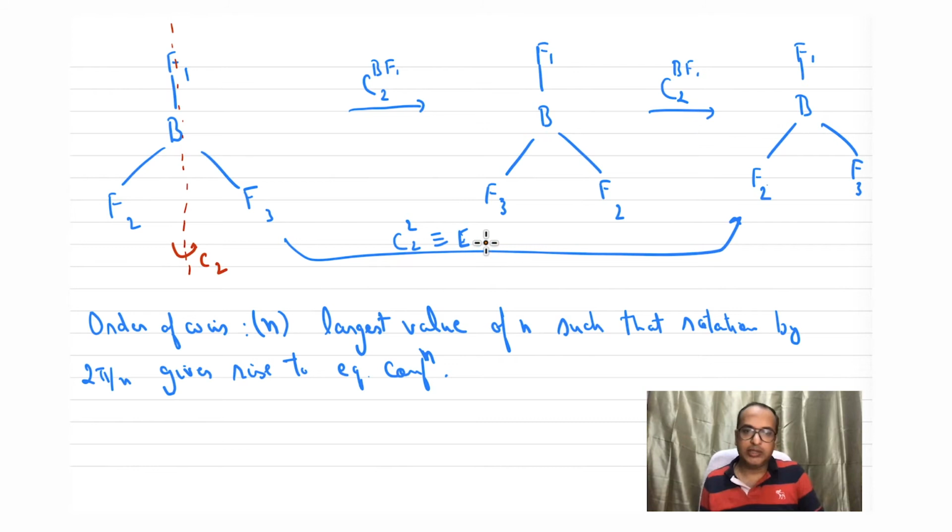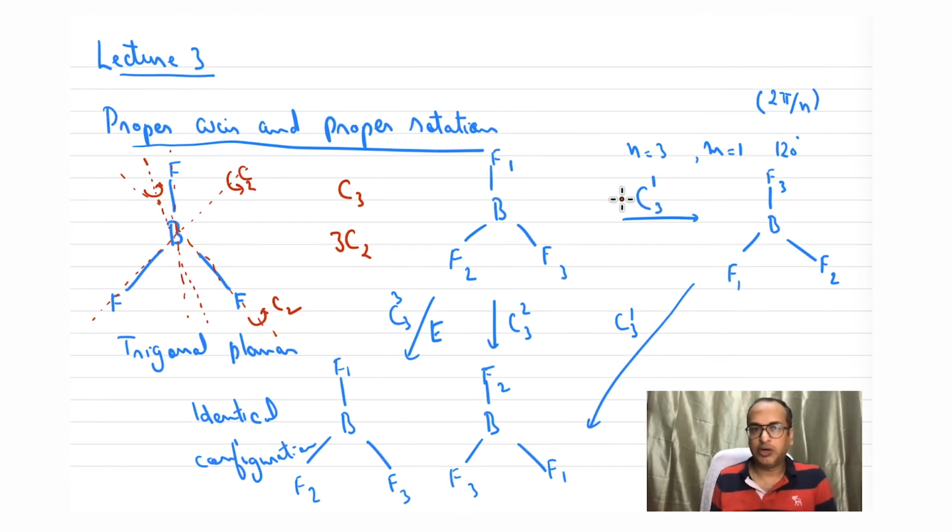So this is called the order of the axis. So for example, this is a proper axis with an order 2. The previous one which we saw was a proper axis with order 3.